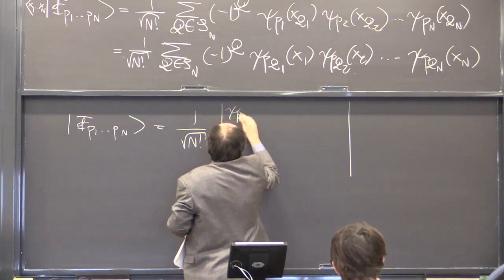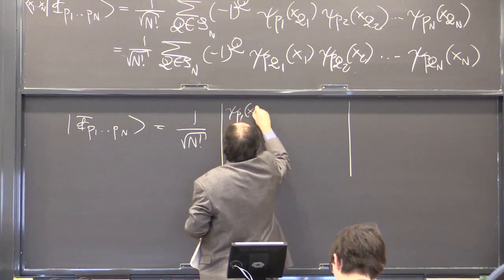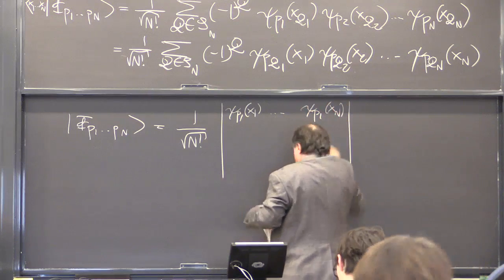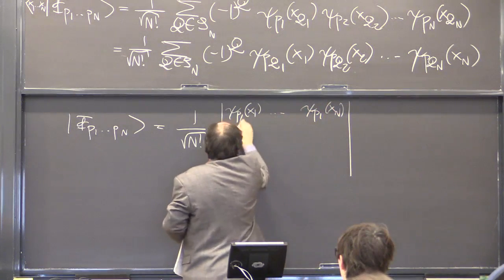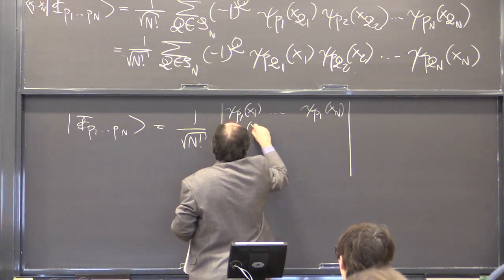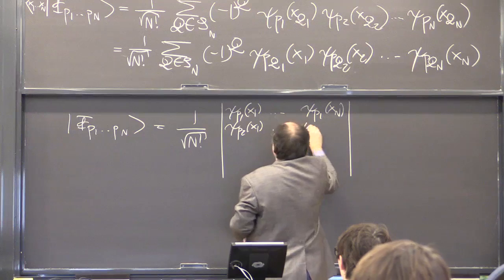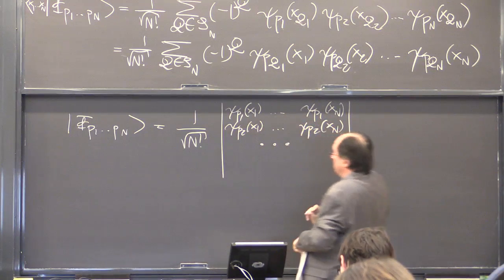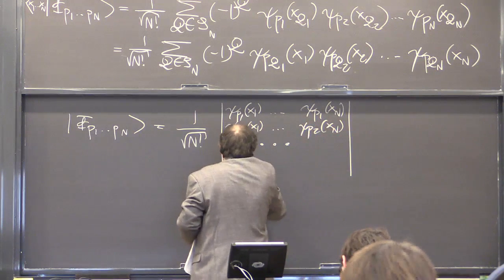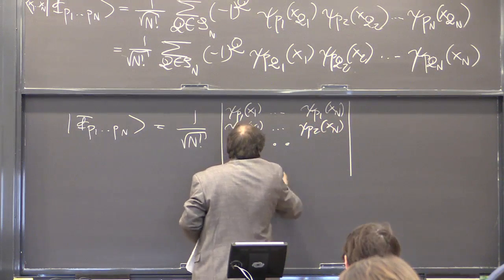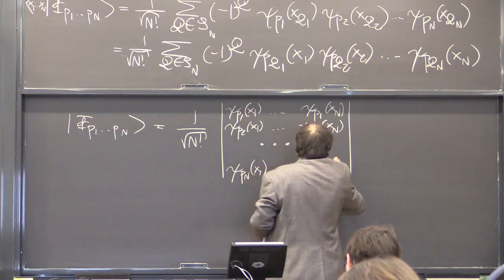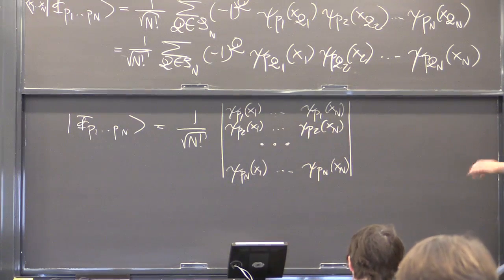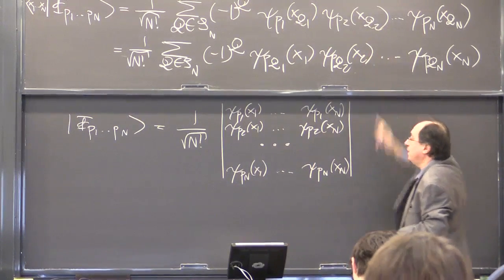So I'm going to write it like this. Psi p1 x1, through psi p1 xn, and then the second row, psi p2 x1, through psi p2 xn, and of course, let's put some dots here, and the last row, psi pn x1, through psi pn xn. So it's an n by n matrix, and you're forming a determinant of it, and that is simply right there in the definition.